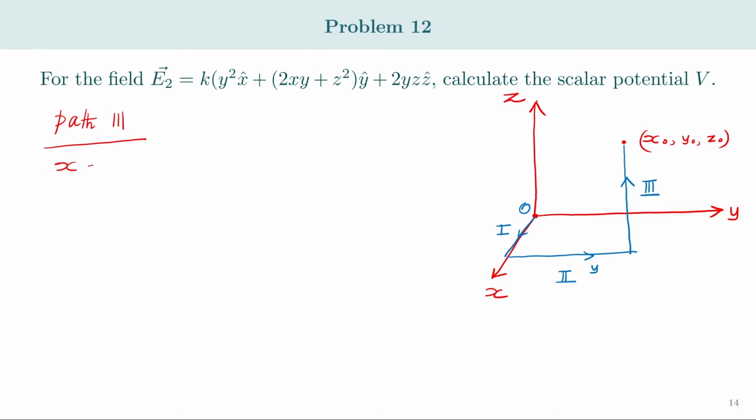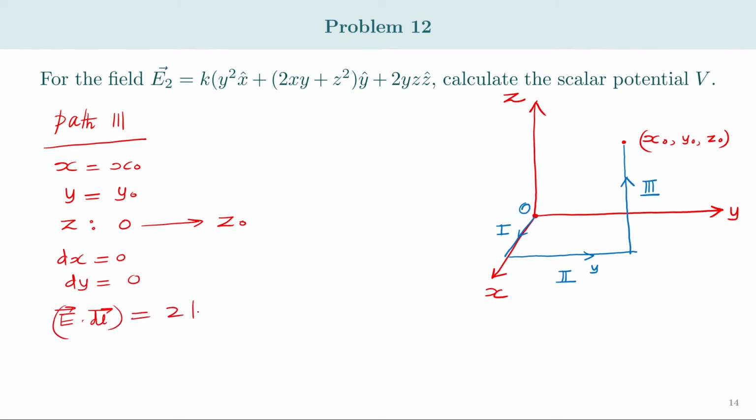we have x equal to x0, y equal to y0, and z changes from 0 to z0. From here we have dx equal to 0 and dy equal to 0. And E dot dl will be equal to 2kyz dz, that is equal to 2k y0 z dz.